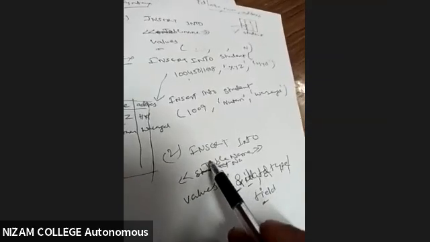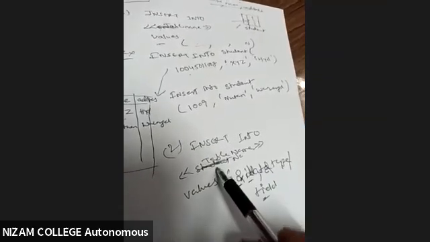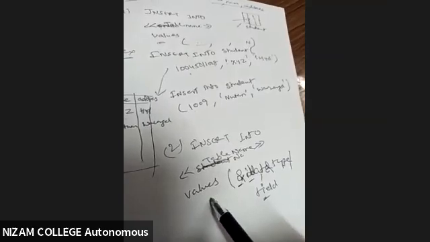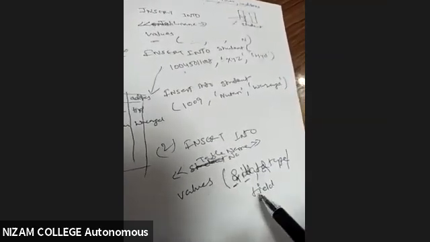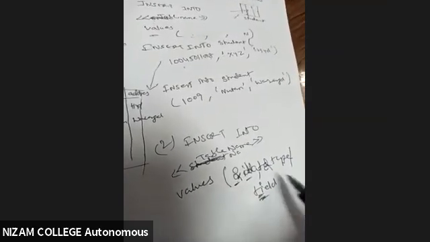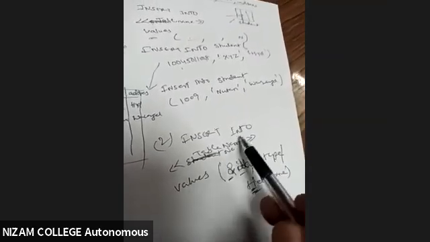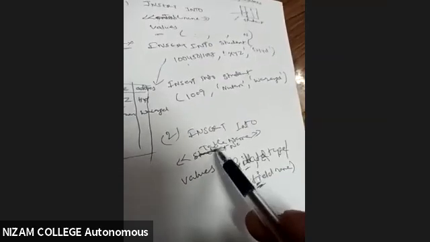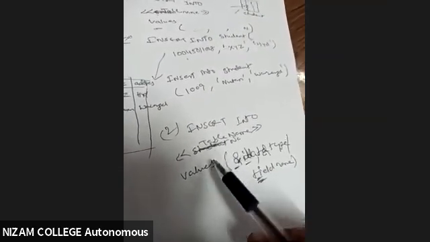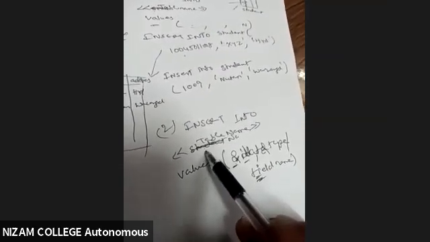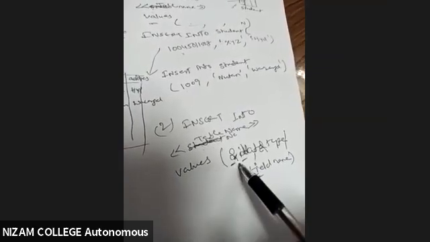So with the help of insert into the table name, values, followed by the field name, followed by the field name. So this is a general syntax where I have to go with the syntax name followed by the structure, that is the name of the structure, and the values.